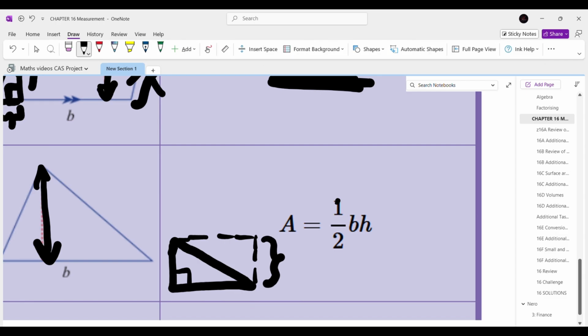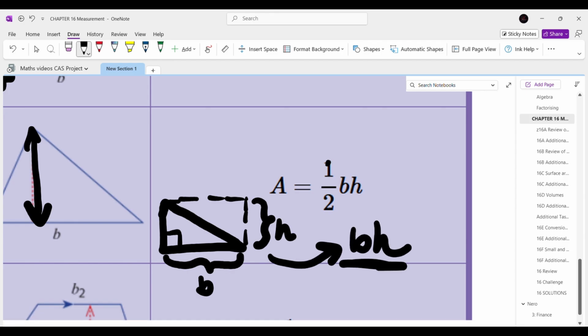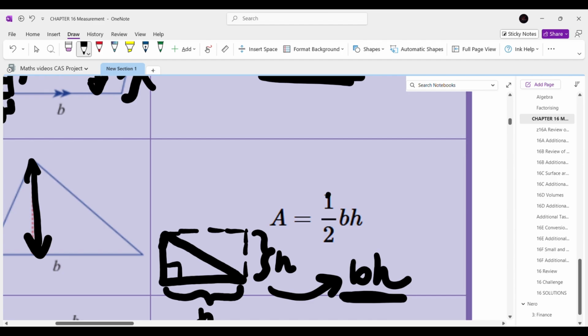Remember, it's length times width, or in this case, we can call this the base, and we can call this the height. So a rectangle here would be base times height. And so a triangle, which cuts it in the middle, would be half of this, which is why our formula is half base times height.